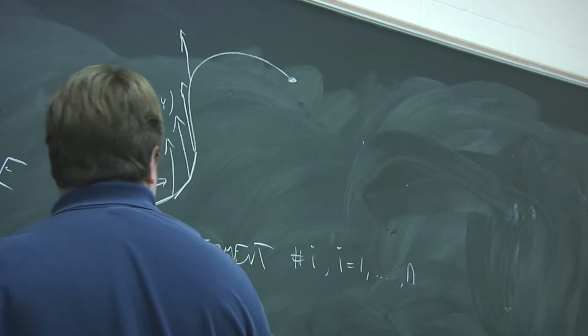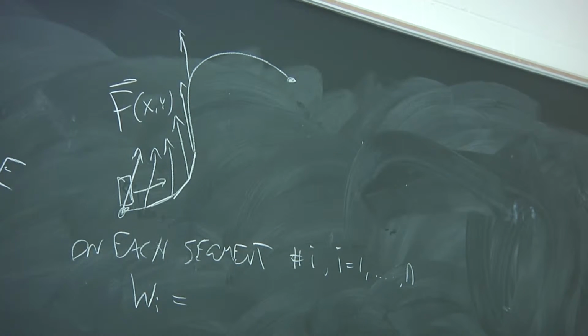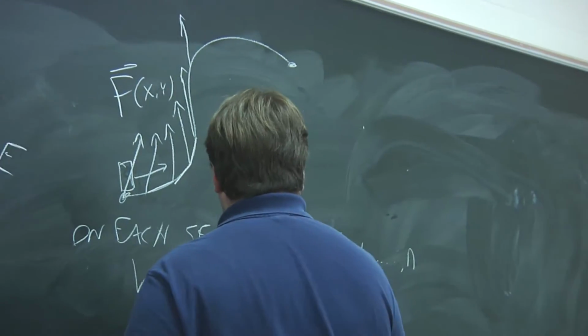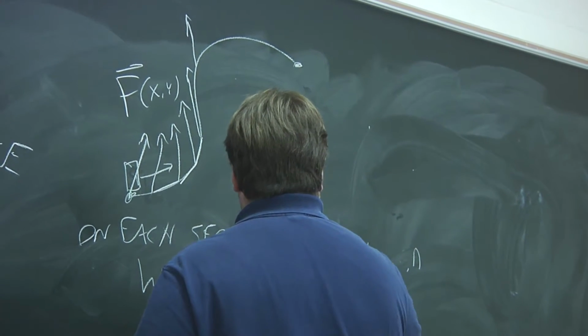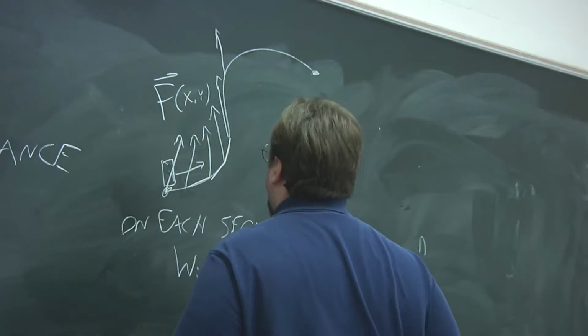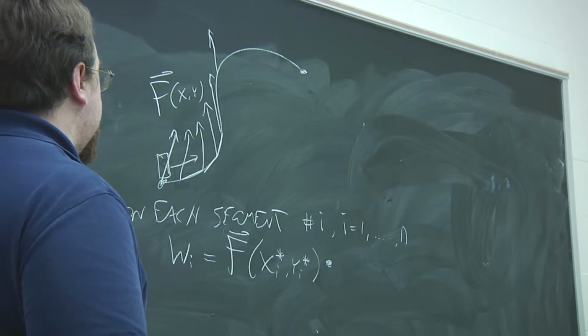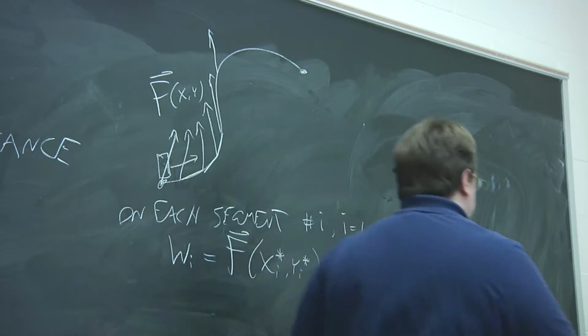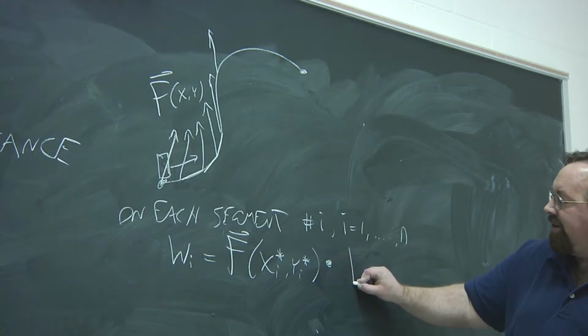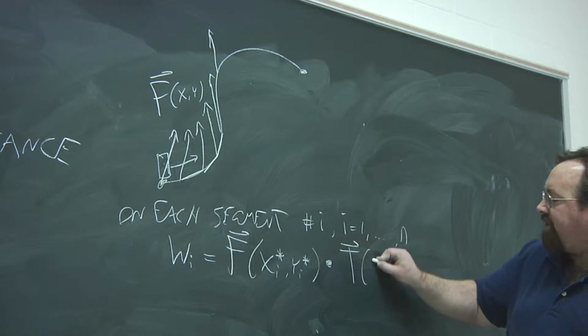If we work along each segment, we're still going to fall back on this. It's going to be the force evaluated at some point on the segment, dot product with the displacement vector. But what we're going to use for that is the unit tangent vector.